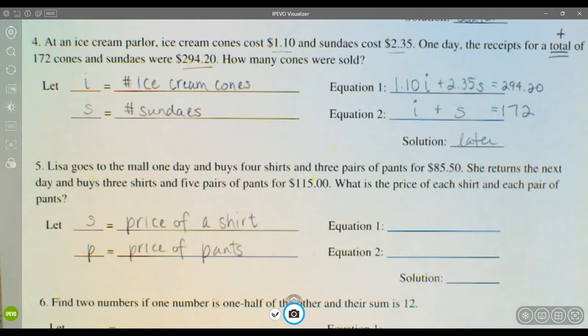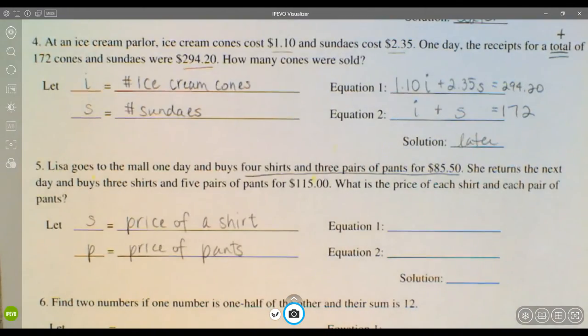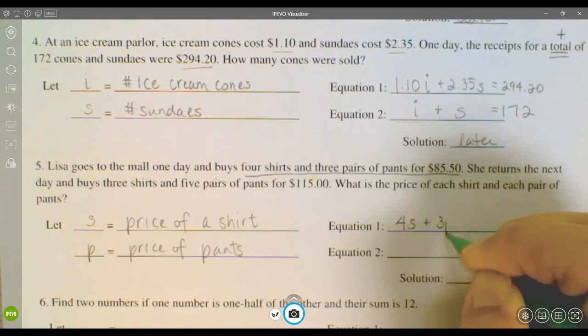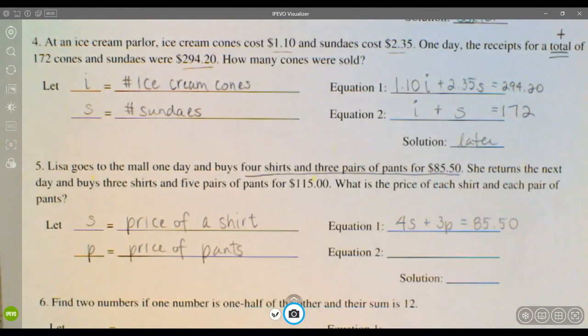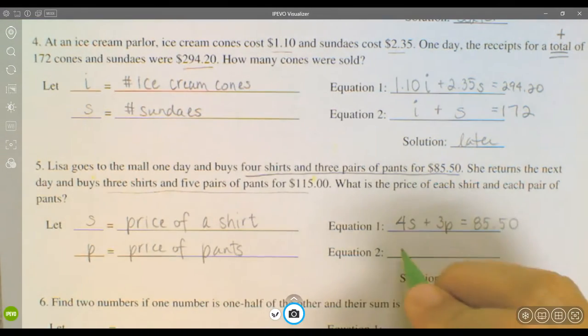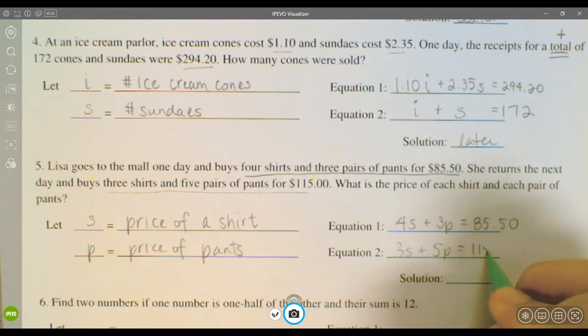So 4 shirts and 3 pairs of pants are $85.50. So let's put that together: 4 shirts plus 3 pants equals $85.50. And then we see that 3 shirts and 5 pants are $115.